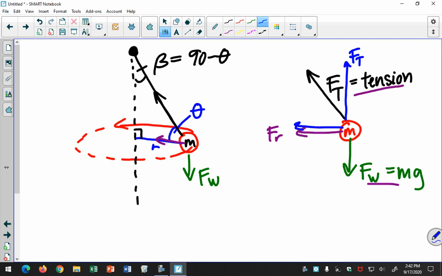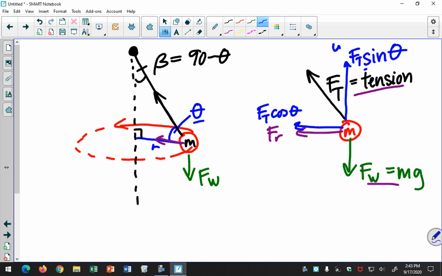Now, this is why I was careful with my angles, because I want it to be clear what angle I'm talking about when I break this up into its components. This is the force of tension times the sine of theta. Remember theta? That's that angle down at the bottom. And F_T cosine theta is my x component.